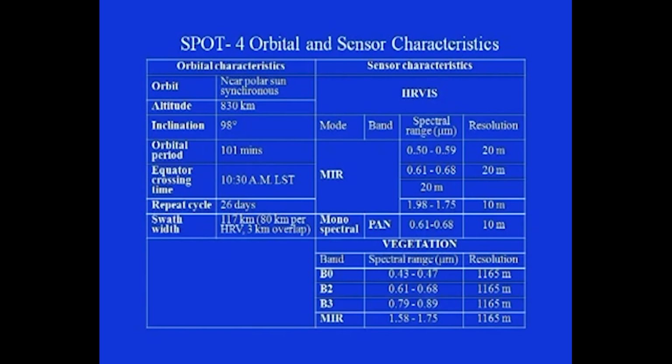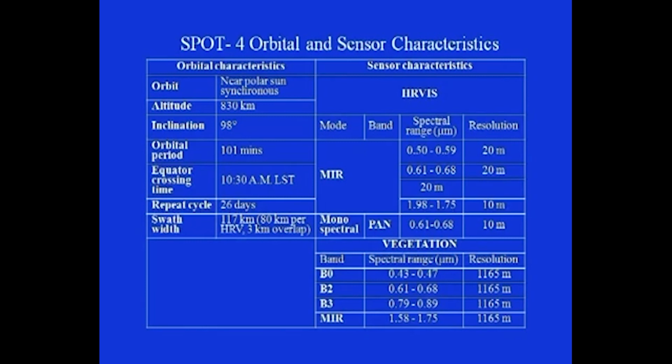In order to improve the mapping of vegetation, which is one of the prime concerns of remote sensing, to map vegetation dynamics worldwide, a new sensor called Vegetation was introduced. Vegetation again had 4 bands of data operating at different regions of the electromagnetic spectrum.